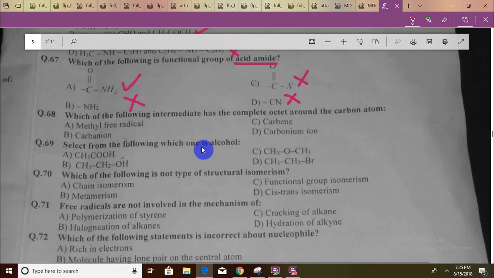So which of the following intermediate has the complete octet? Methyl free radical doesn't have it because it's 1 electron less. Carbocation is actually lacking in 2 electrons. Carbene is something I'm not really familiar with, but carbanion contains both of the ones that it wants, so this one has it. I'm going to check what carbene is.